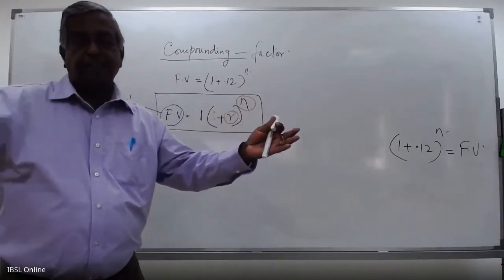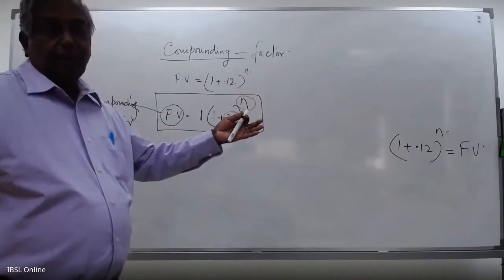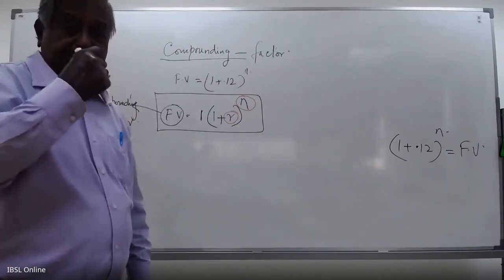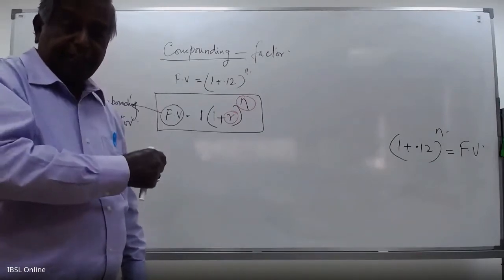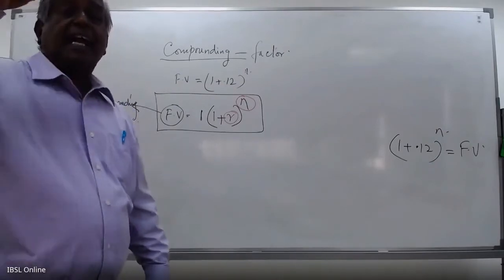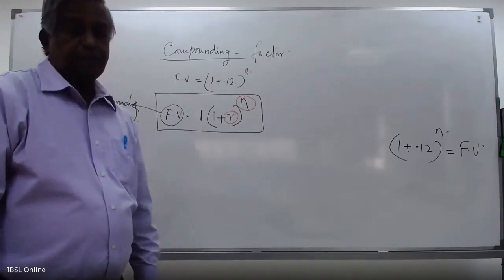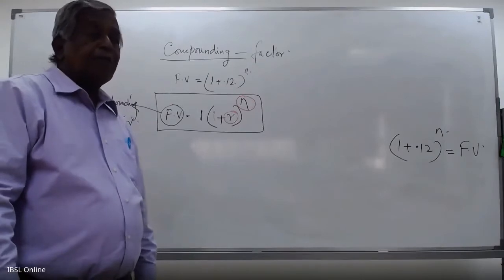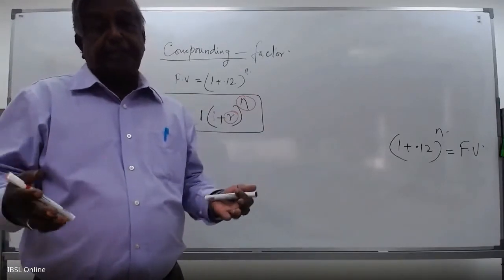When the interest rate changes, when the number of years changes, you will get varying compounding factors. So when the present value is 1, the future value is called the compounding factor, and it differs at different interest rates and different periods. I hope it is clear.